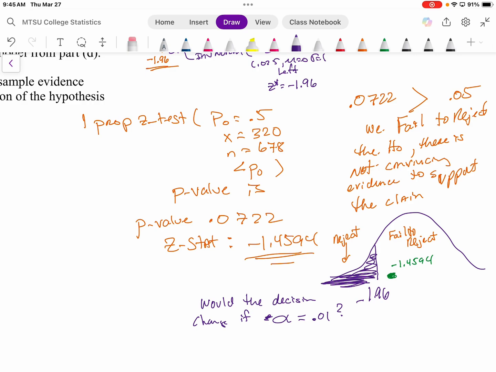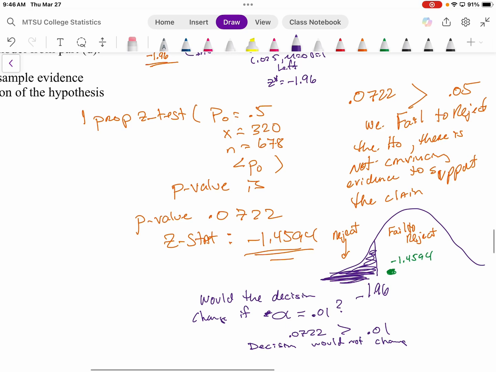Again, we're comparing 0.0722 to 0.01. What inequality symbol should I put in there based on elementary days? Yeah, 0.07 is greater, right? So did our decision change? No, our decision would not change, because, again, the alpha went down.